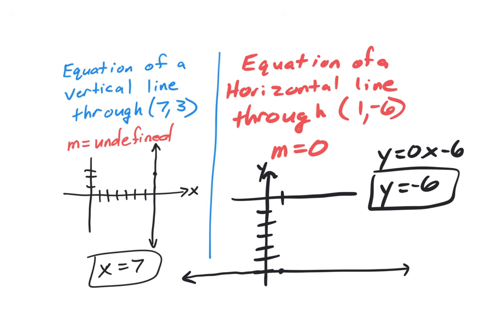There's not a whole lot of work to go through. All you have to do is recognize vertical, x equals whatever the x value is. If it's horizontal, it's always y equals whatever the y value is. So x equals 7 for a vertical line, y equals -6 for a horizontal line. You don't really have to show any work at all on something like that.